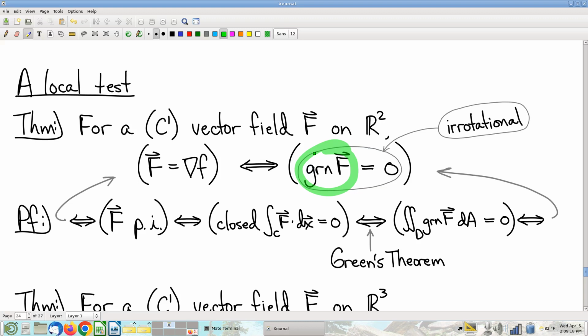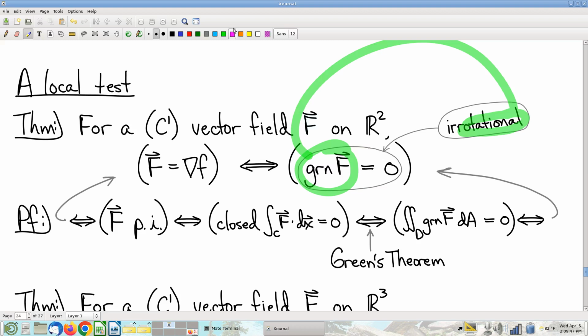Green's operator is a way of measuring to what extent the fluid, in addition to moving, is maybe rotating. To what extent does the fluid have some sort of spinning, rotational aspect to it? So, Green's operator is addressing the rotational aspect of the vector field.